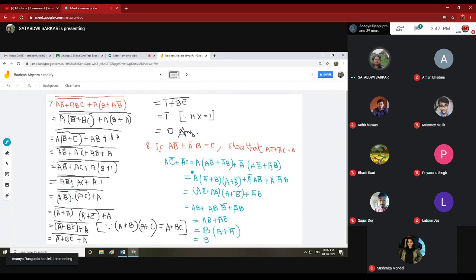So we will start with the left hand side. For C we will use this term.